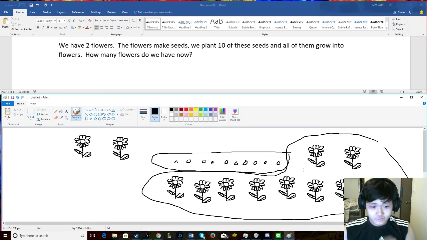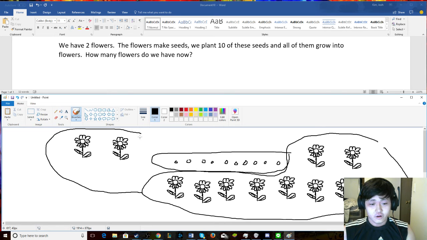10 flowers right here. So now we have to count the total amount of flowers. So now, how many flowers are there all together?